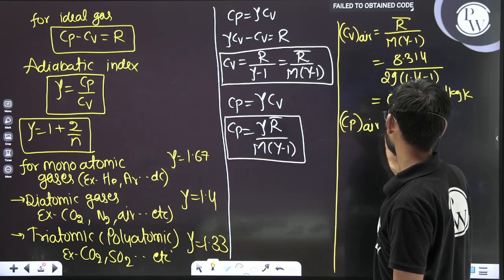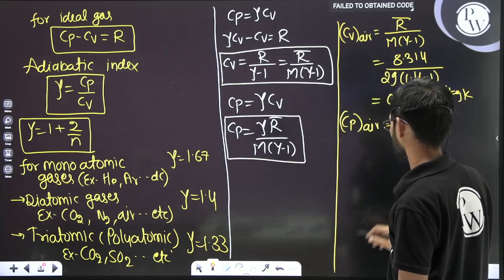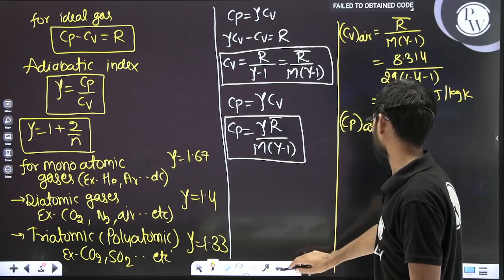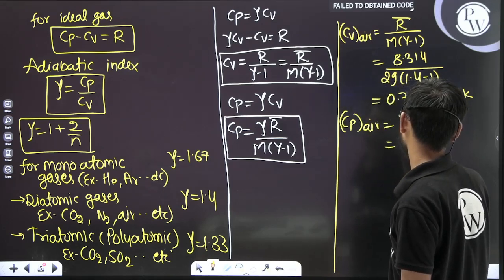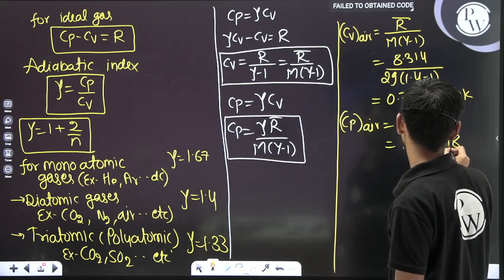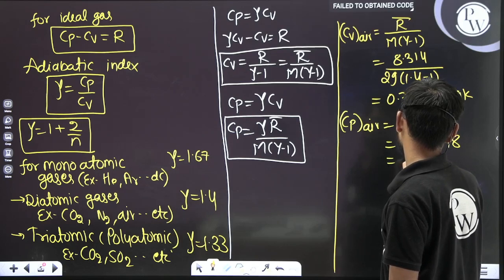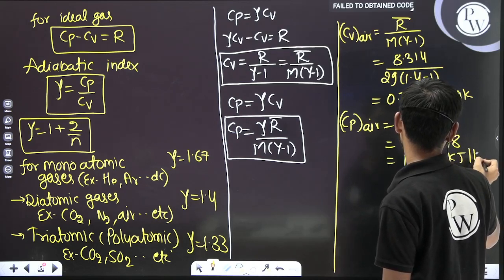How much will the Cp of air value come? Directly I can write gamma times Cv, no problem. This value will come 1.4 into 0.718. So this can be written as 1.005 kilojoule per kg Kelvin.